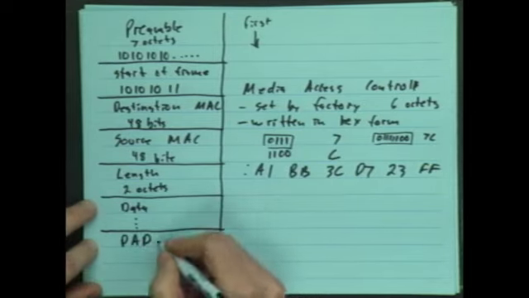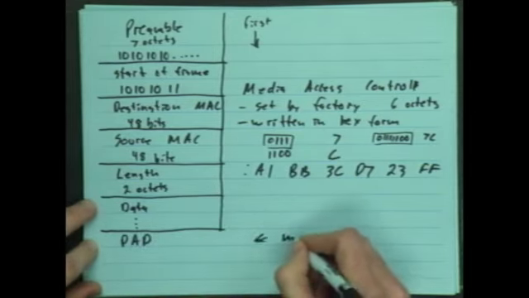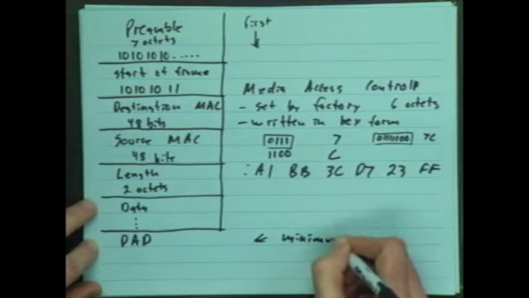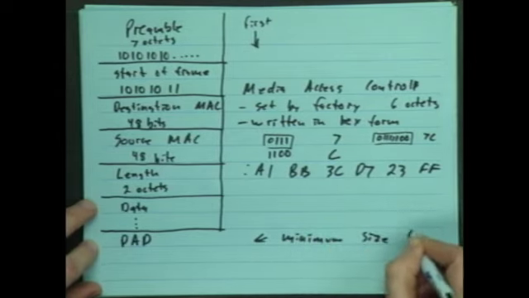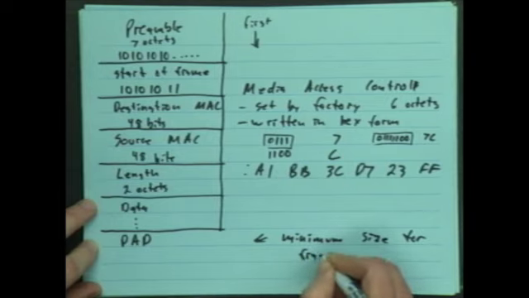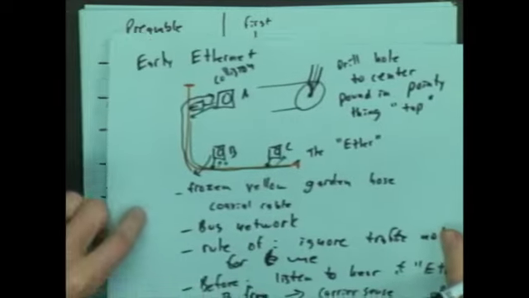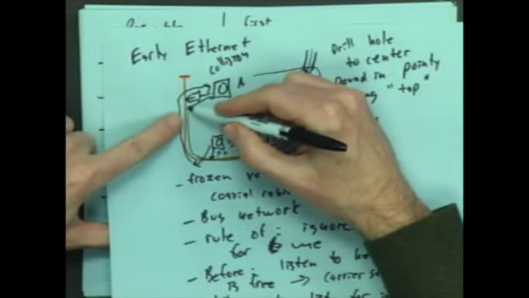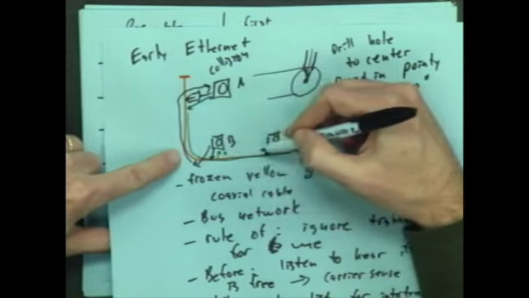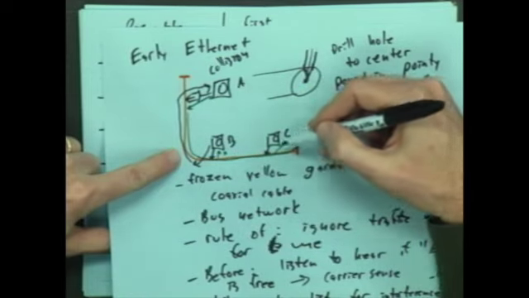The pad is there because there is a minimum size. And this is more trivia now than actually something we care too much about. Remember I told you our 1s and 0s are propagating through our cable here.